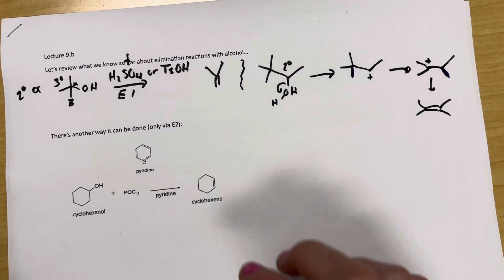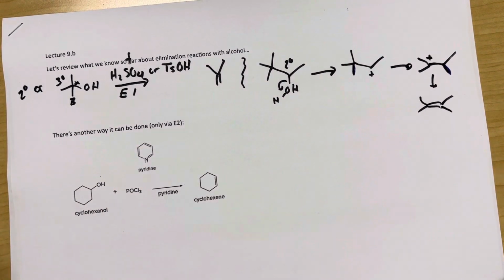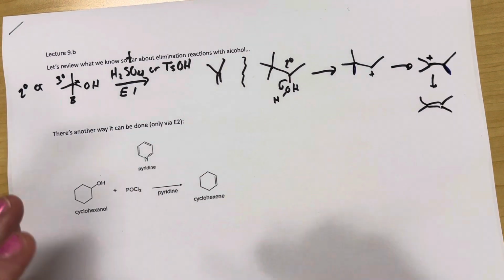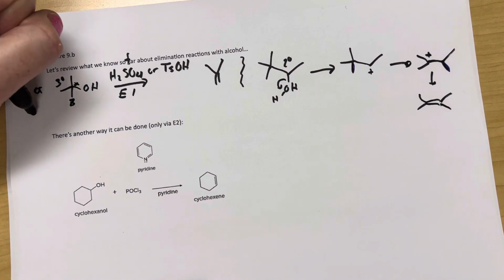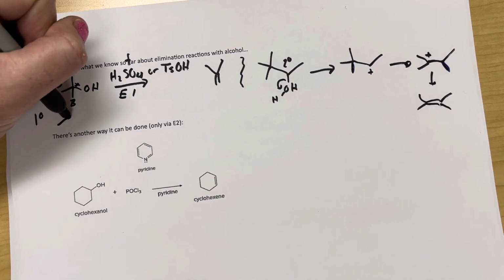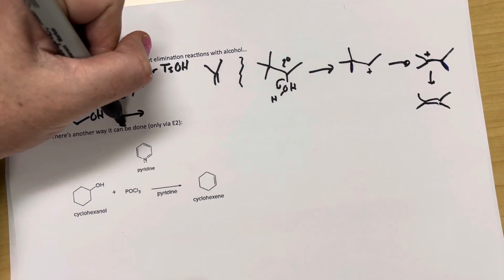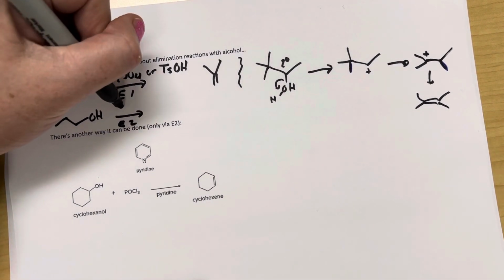Okay, there's another way that you can do elimination reactions, only done via E2, and it's with the following reactants: pyridine and POCl3. When we were doing a strong acid, oh, I realized I missed the primary right here. If we also have a primary, that's going to go via E2, by the way. So it's going to be that one-step situation.